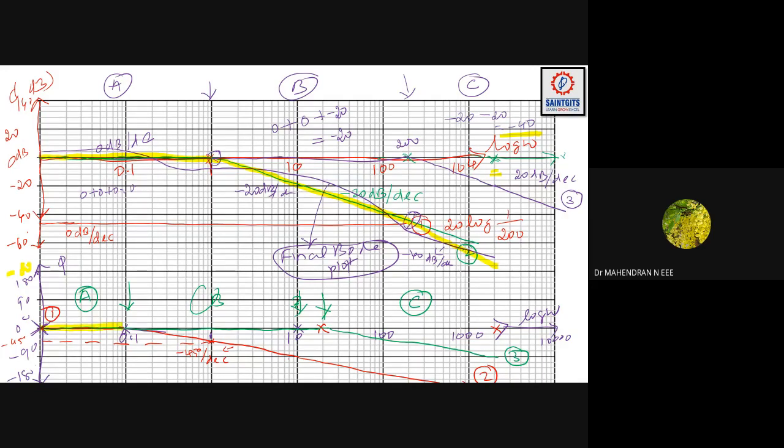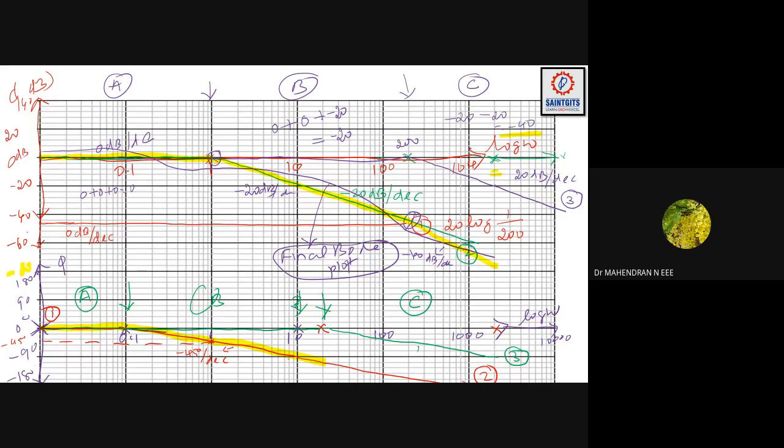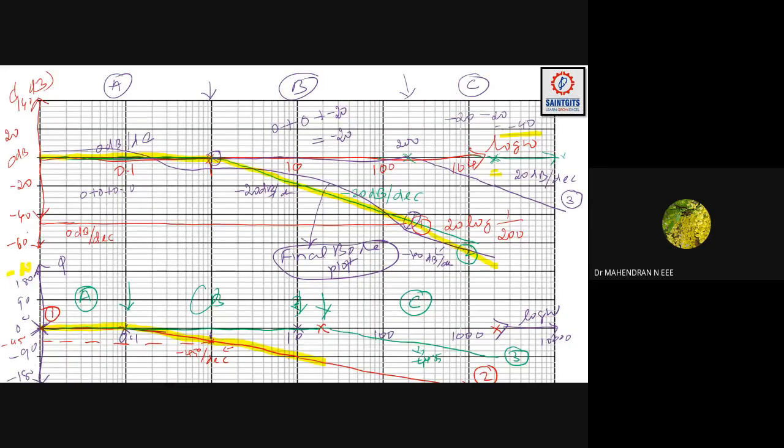One minute, I will complete this, because otherwise there will not be any continuity. Like this. After this, you can see this is minus 45 degree, and this is also minus 45 degree per decade.